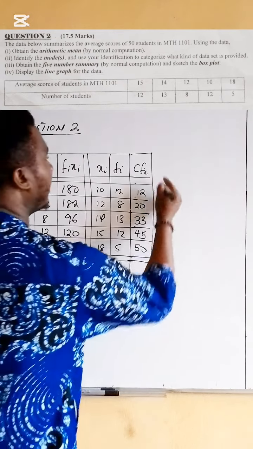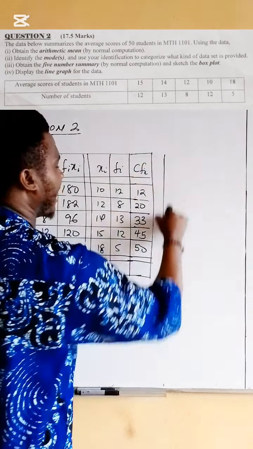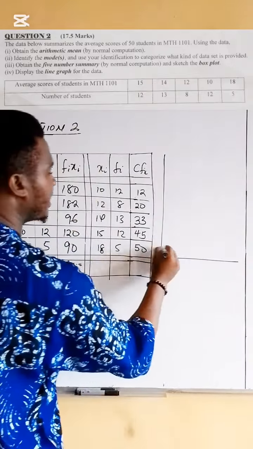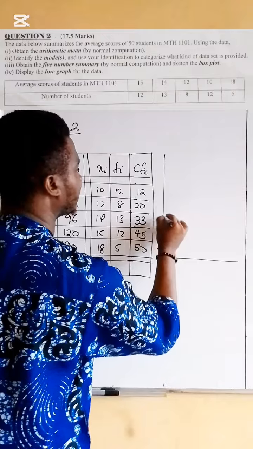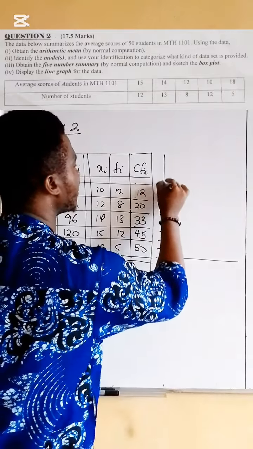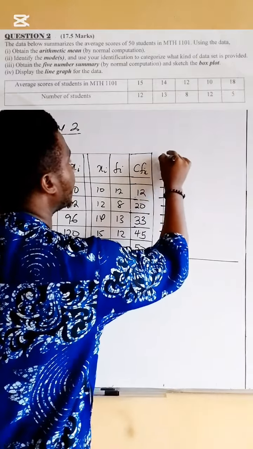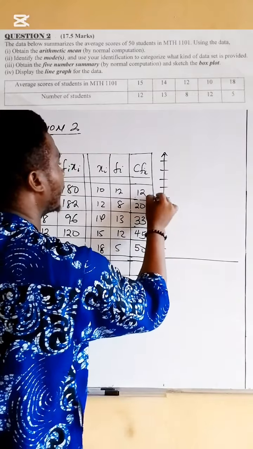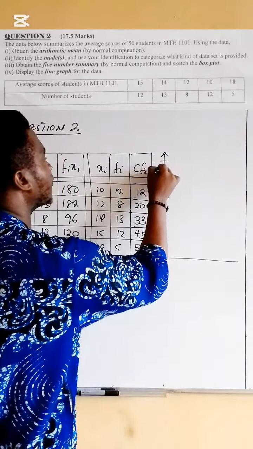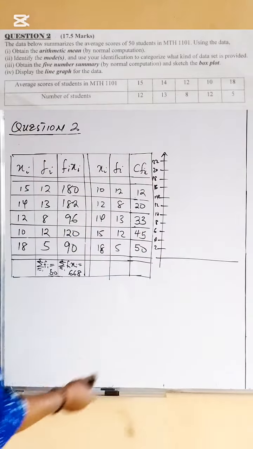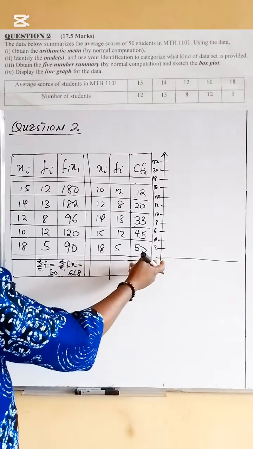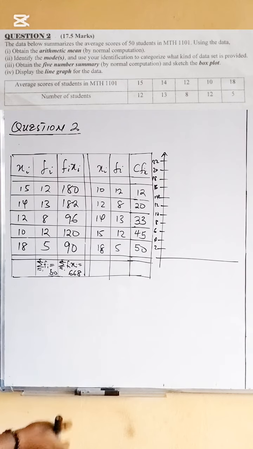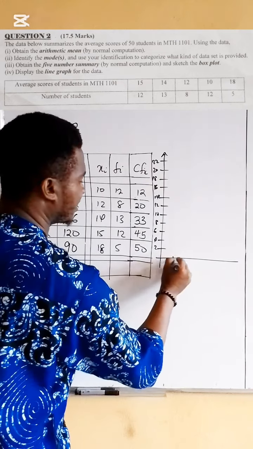Now, to answer question 4, to display the line graph for the problem, all you have to do is this. I would maintain 2, 4, 6, 8, 10, 12, 14, 16, 18, 20, 22, and so on. Please take note, I'm using a scale of 1 centimeter to 2 units on the vertical axis.